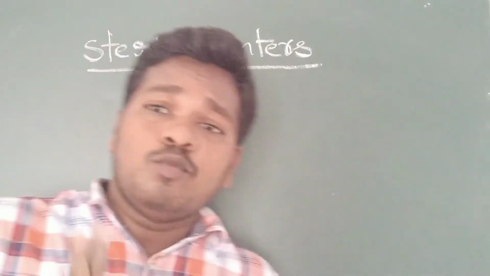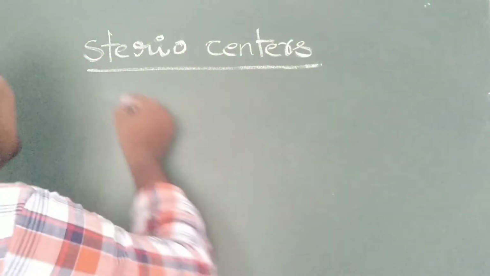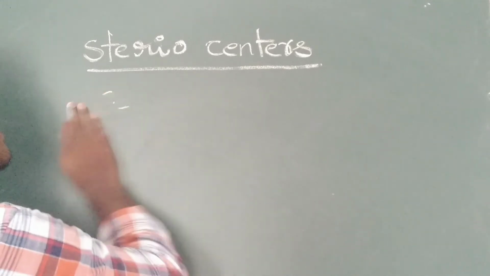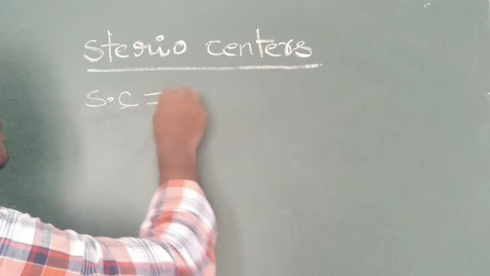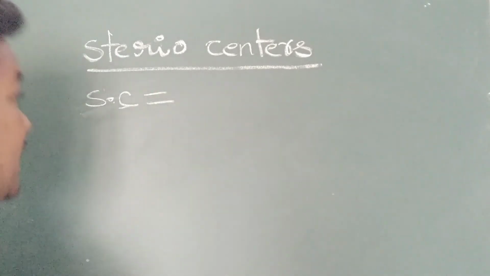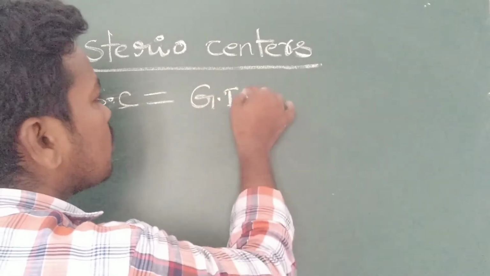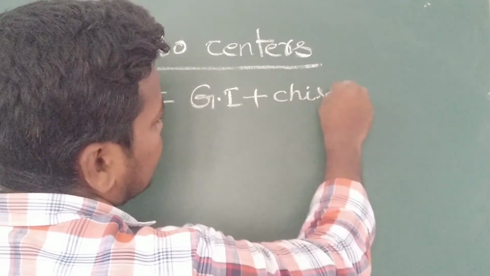The second term we have to learn is the stereo center. What is meant by stereo center? Stereo center, short form SC, is nothing but it includes geometrical isomerism plus chirality.